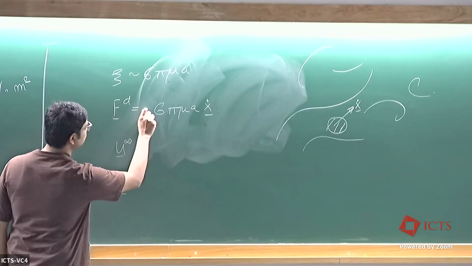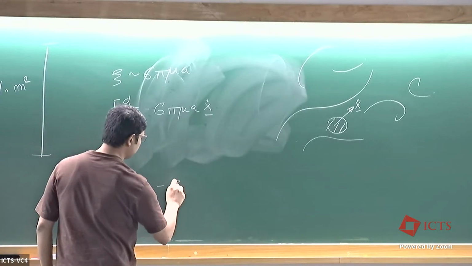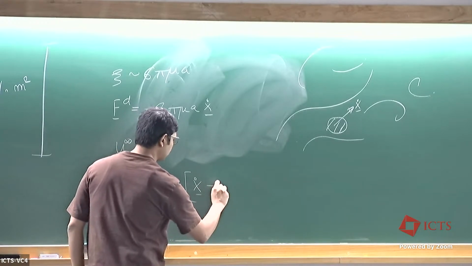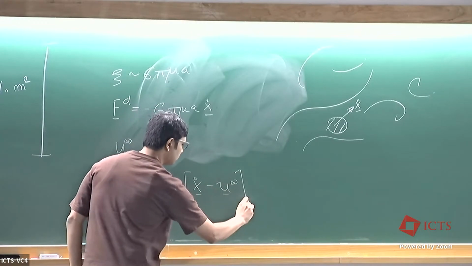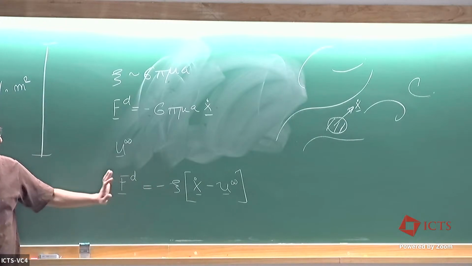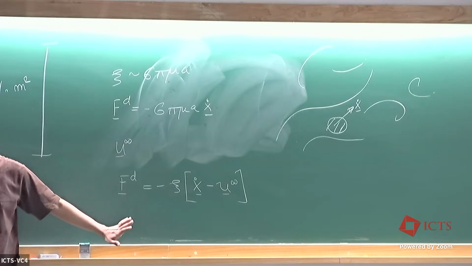So I should have put a negative sign here. That F drag is really minus zeta times (x dot minus u). So this is really what you can call in certain ways a first order approximation. I won't go into the details of why it's first order approximation, but is this roughly intuitive at least?